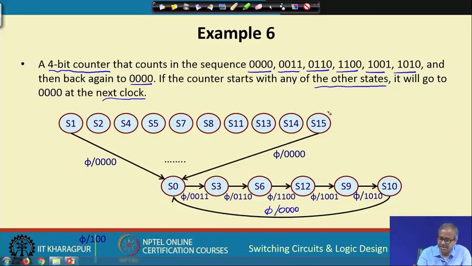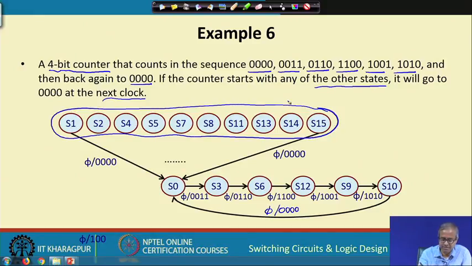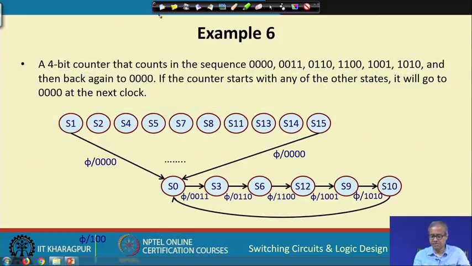So, if it is in any of the other 10 states, I have shown only 2, that is dots, there are arrows from all of them, so you will be going to S0. If we have a specification like this, from there you can also construct the state table the same way, and from the state table you will be moving into the next step.